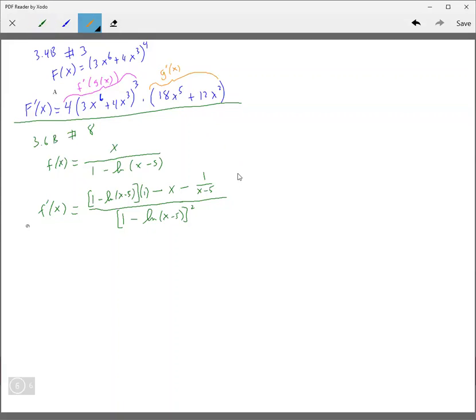And then what you're going to do is you're going to get a common denominator, because this is a complex fraction, we can't have a numerator that has a fraction in it. So we'll multiply both the numerator and the denominator by x minus 5. Okay. And so that's going to give us just an x minus 5 in the denominator, times all this.